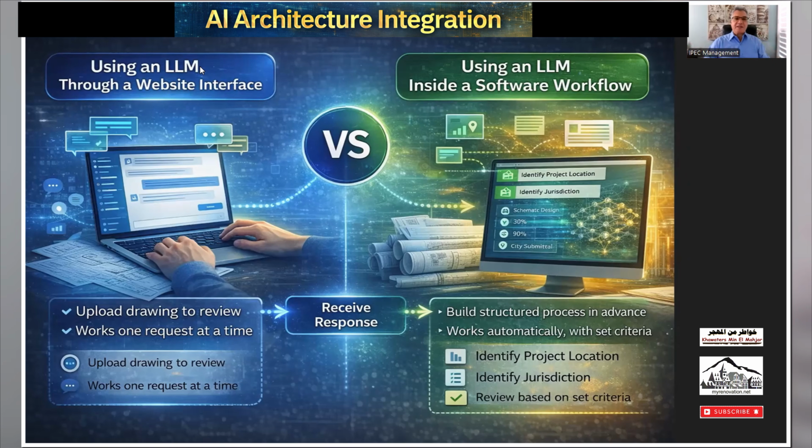The difference is, with the website interface LLM, you type a text, you upload a drawing, and you ask a question. So the website goes through the process, analyzes the question, and gives you a specific answer for a specific question.